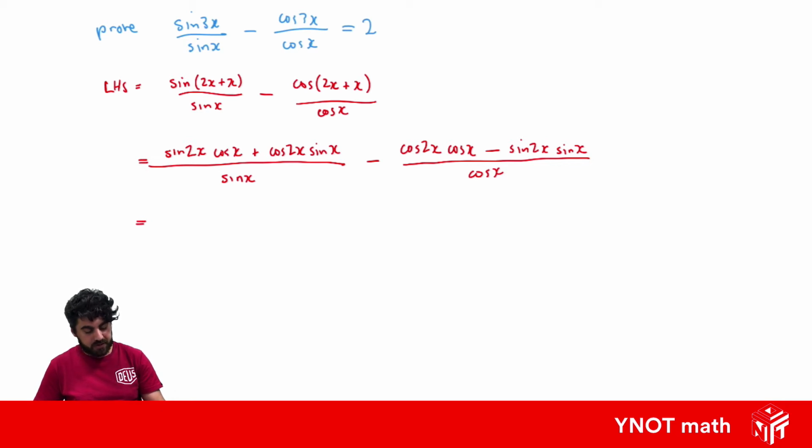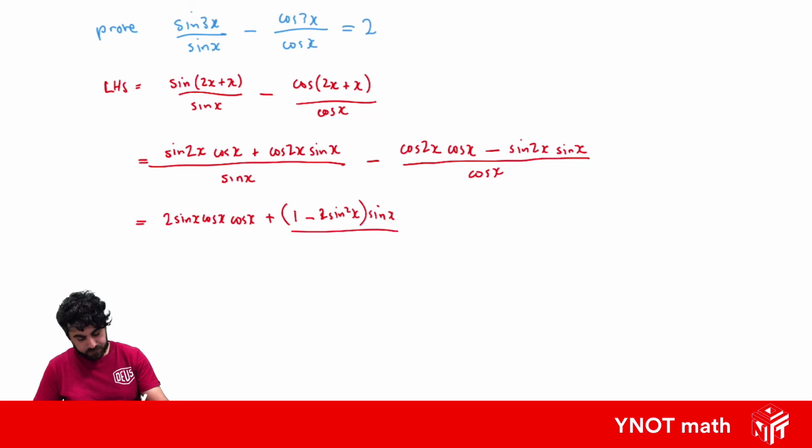Then we can use our double angle results to expand the sine 2x and cos 2x. So we're going to get 2 sine x cos x times cos x plus, we might express it in terms of sine for now, 1 minus 2 sine squared x times sine x, all over sine x, minus cos 2x.